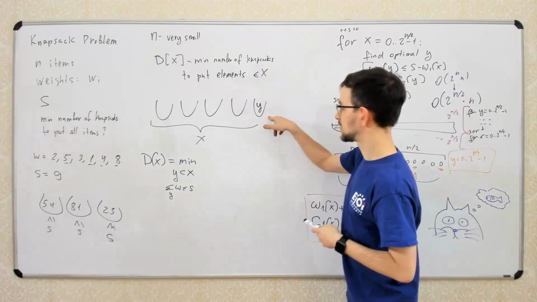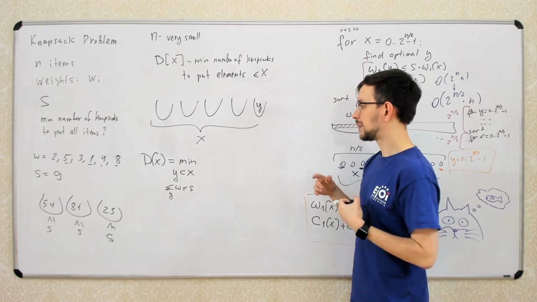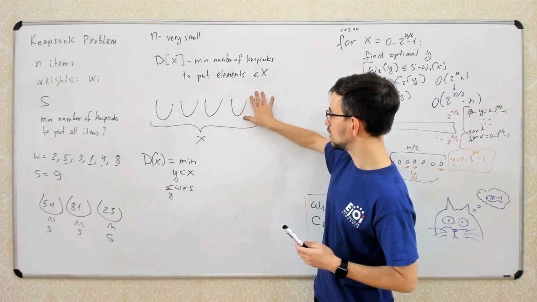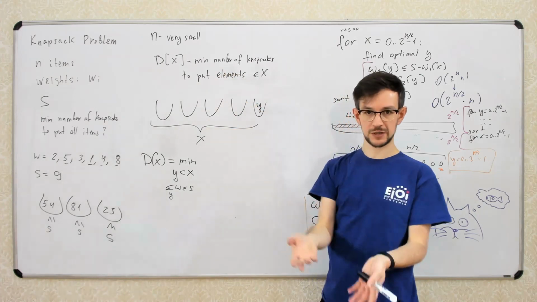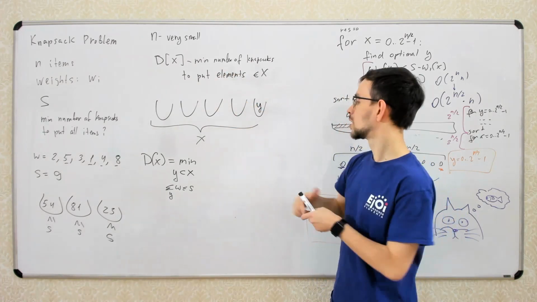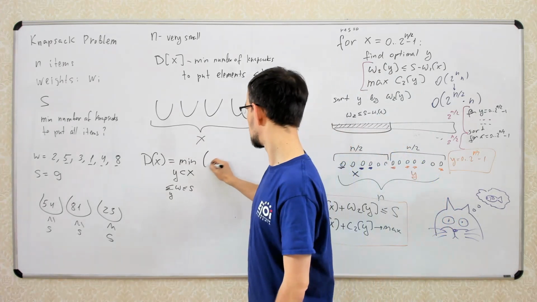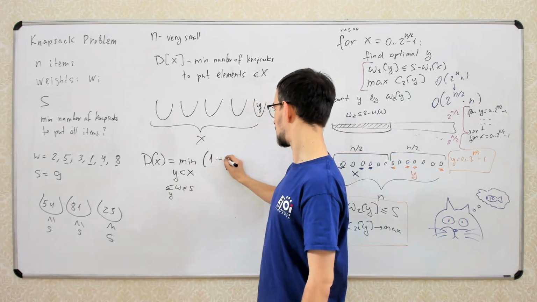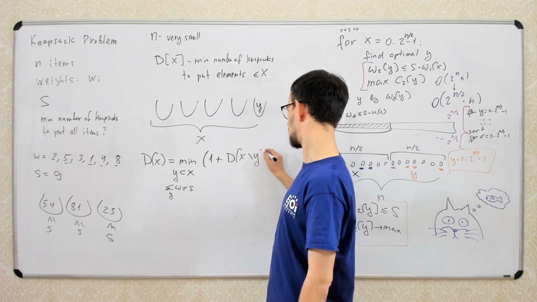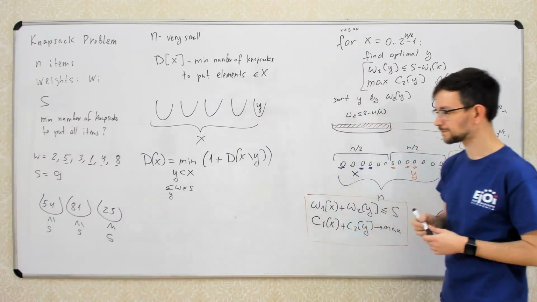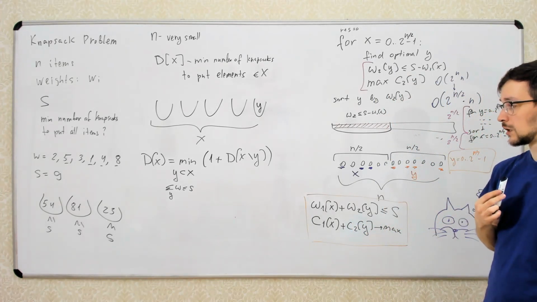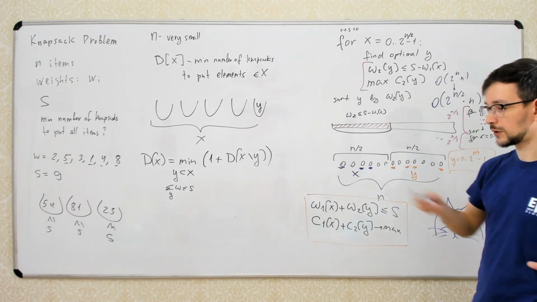Now you put these elements in one single knapsack, and the rest of the elements you need to put in some other knapsacks. But it is the same problem of a smaller size. So the answer to this problem is 1 for this plus D of X minus Y. Like this. So that's how we will solve this.